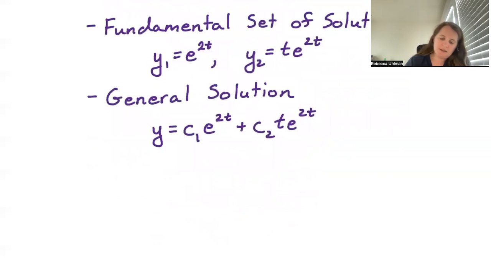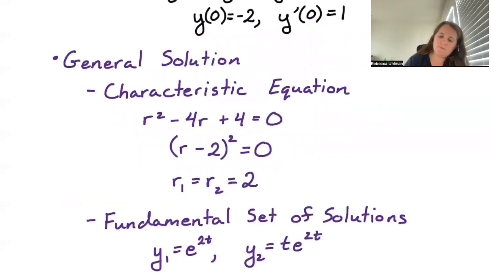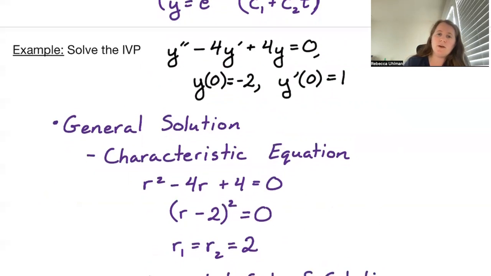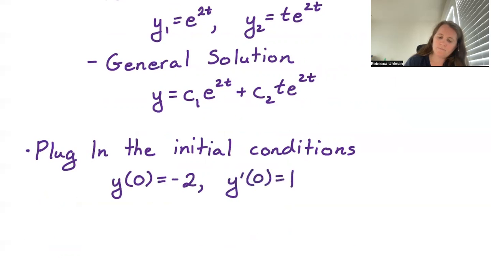Next step, we need to plug in our initial conditions. For our initial conditions, we were told that y of 0 was -2 and y prime of 0 equals 1.